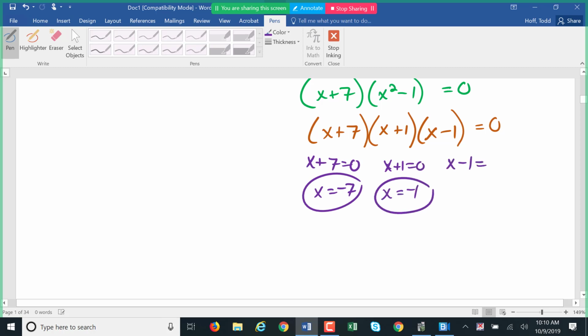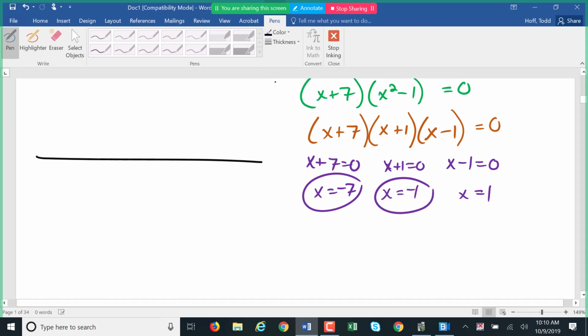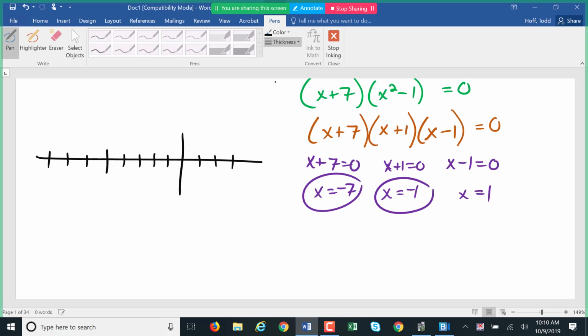Or x minus 1 equals 0 gives us x is positive 1. So I have negative 7, negative 1, and positive 1.